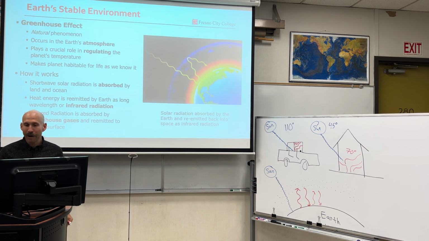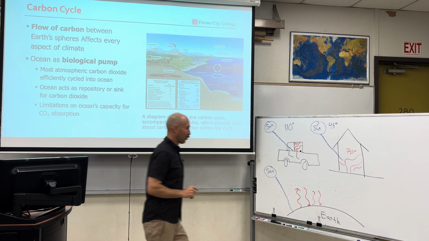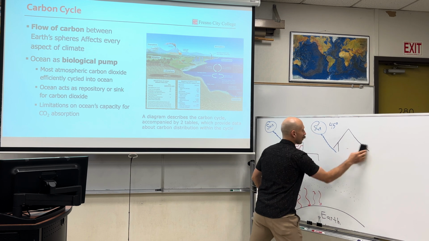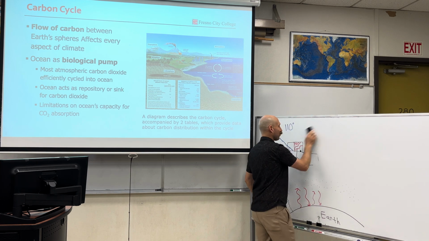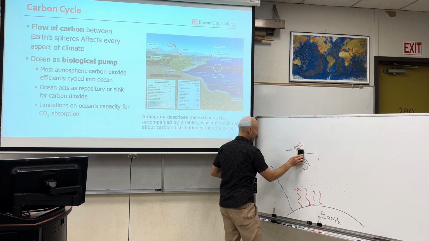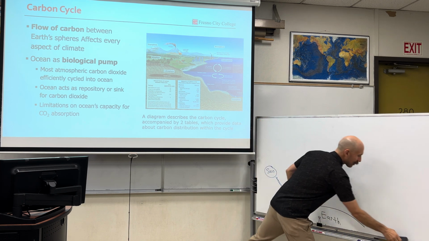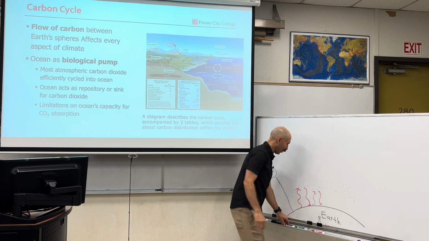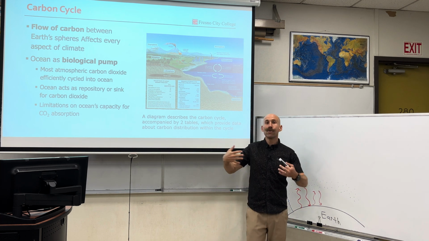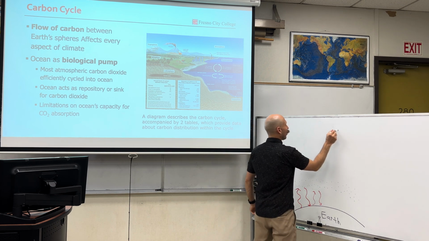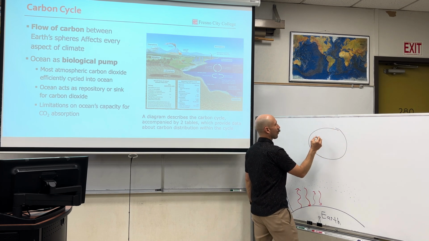So let's talk about another natural process, and this natural process is known as the carbon cycle. So carbon is an element necessary for life, makes organic compounds, and it moves through various reservoirs on Earth. So let's say, here's our Earth.